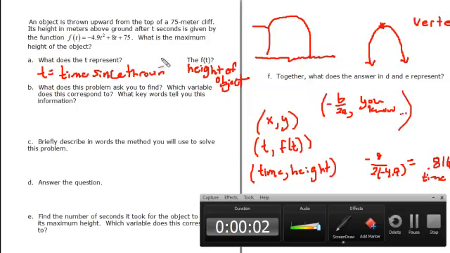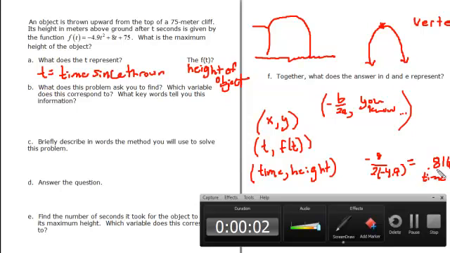Now, if we think about what we're being asked to find, what's the maximum height? Well, that's not it. That's not the maximum height. The maximum height would be the y value right there. So how do we find the y value right there? We plug the x value in.